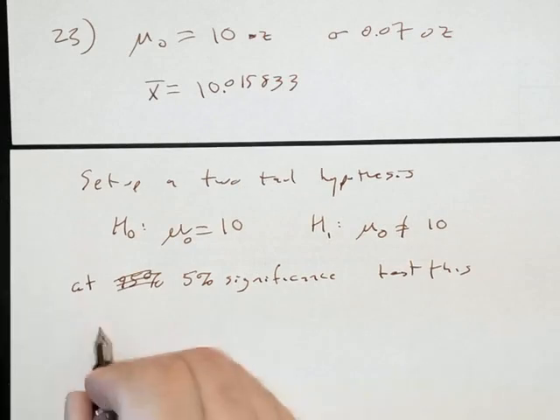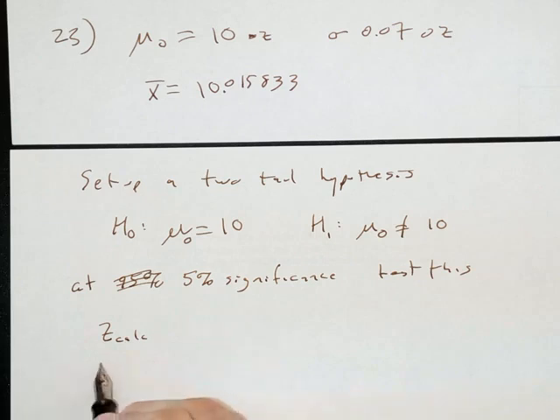So what is zcalc? And what is zcrit? One of those you have to do some work for, the other one you just look up on a table. What's the value of zcrit? 5%, two-tail, 1.96.